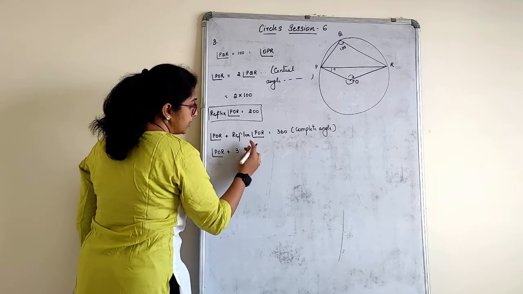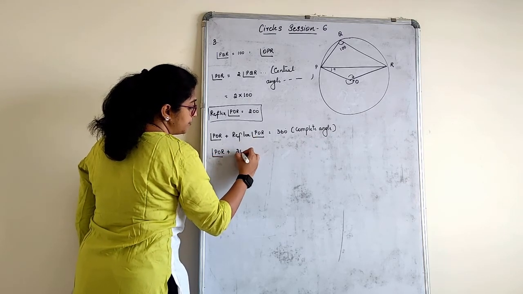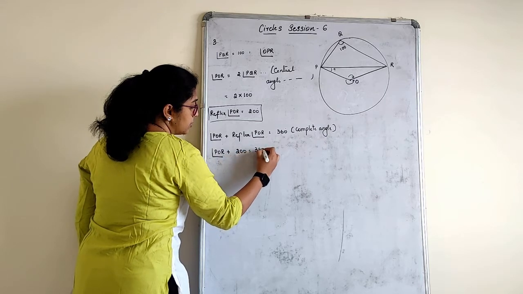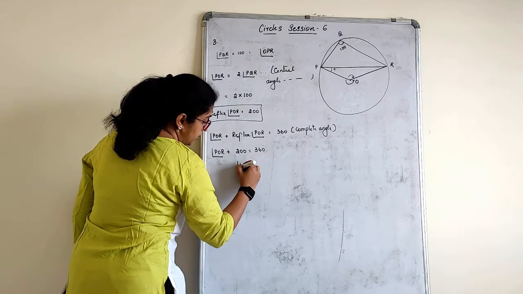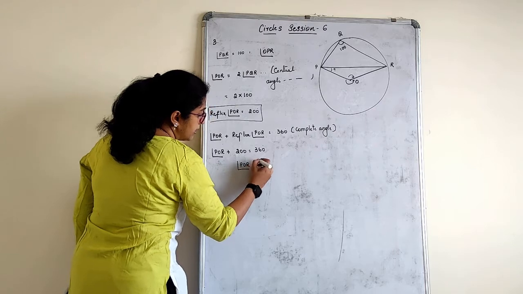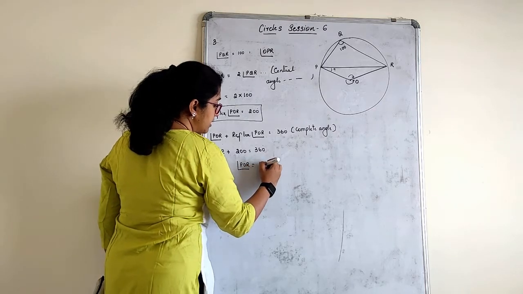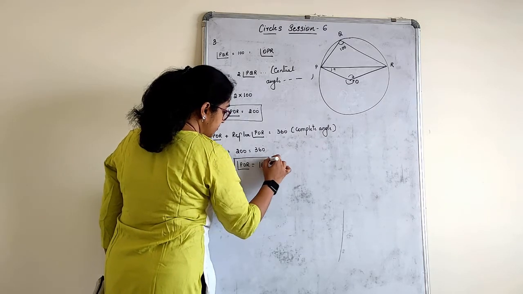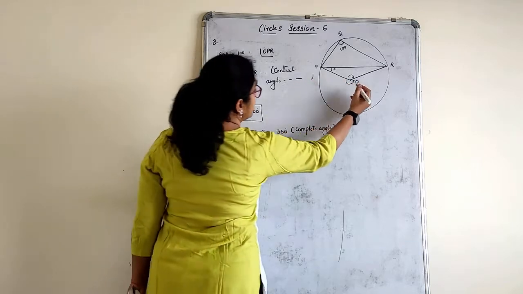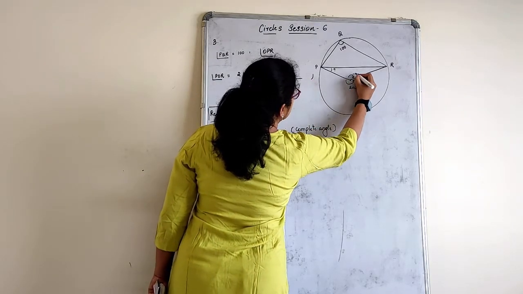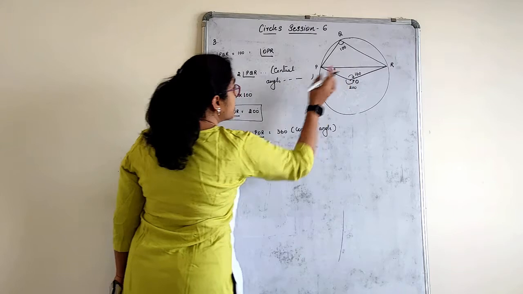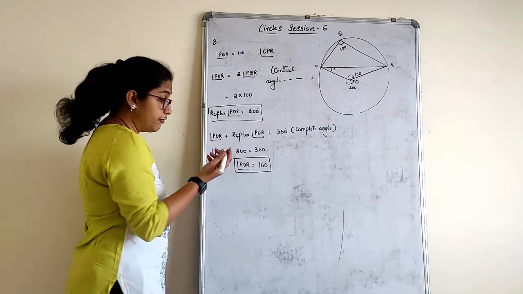Reflex POR is how much? 200. So POR plus 200 is equal to 360. Therefore, POR is 360 minus 200, 160 degrees. This angle is 200. This angle is 160. Finding the remaining two angles will be very easy.